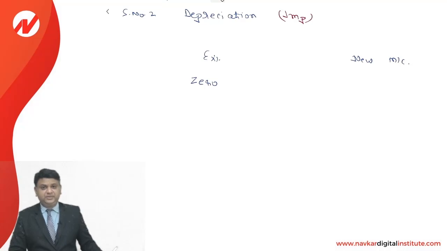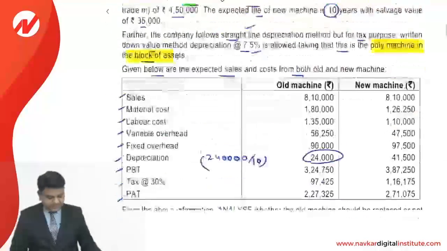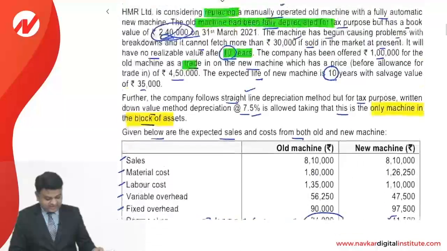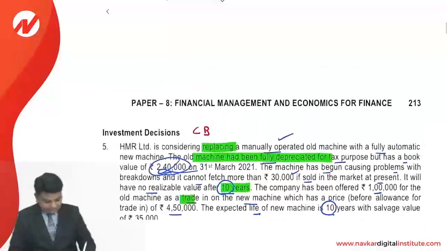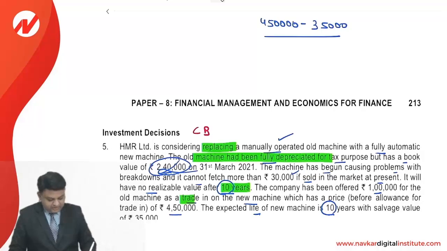The straight line method of depreciation information given to us in the question is again of no use to us, because this 24,000 is irrelevant. This 41,500 we can understand like this: 4,50,000 purchase price minus 35,000 divided by the number of years, which is 10.